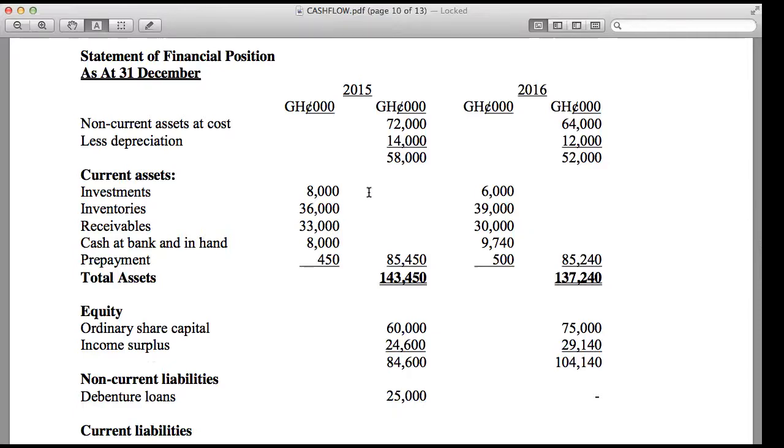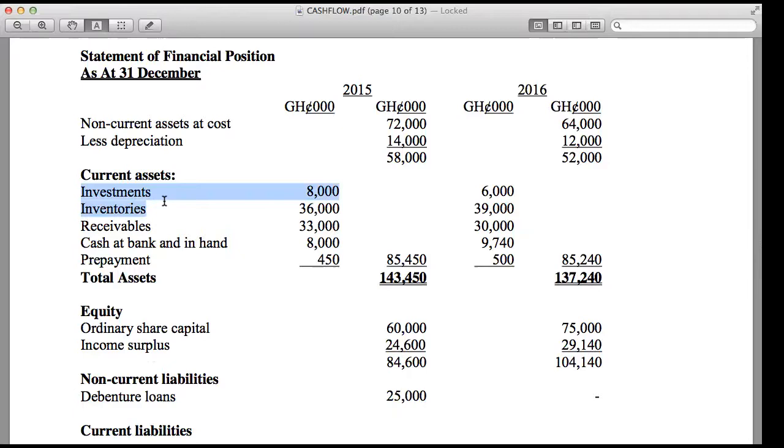Good. But take note, if there's a note in a question that suggests that this investment is short term and it's highly liquid, then we are not going to do that. We have to add it to the cash and cash equivalents. We said that cash and cash equivalents are short-term, highly liquid investments, which can be converted into a known amount of cash without any significant changes in value.